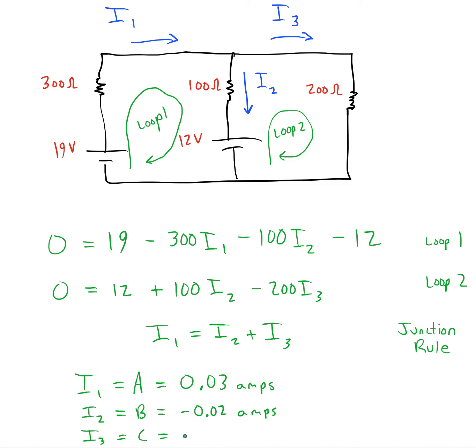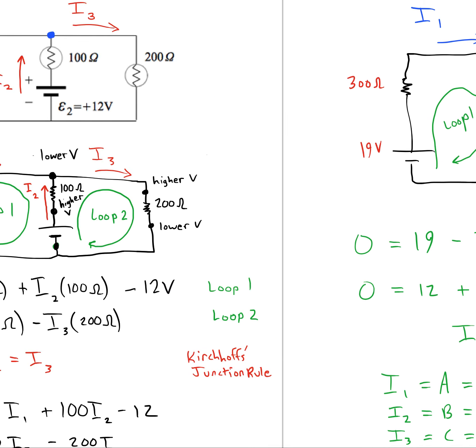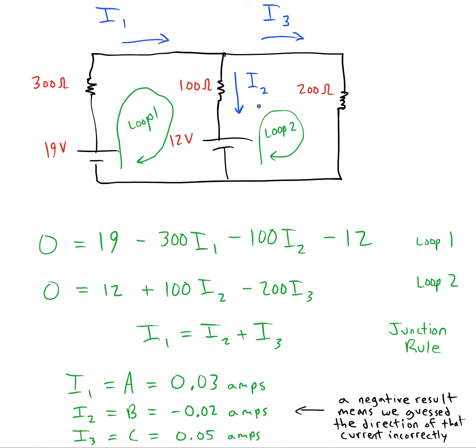I3 is the same. So a negative result in a current means we guessed the direction of that current incorrectly. So we'd want to go back and switch it. Now we could go back and realize that I2 was guessed to be in the wrong direction.